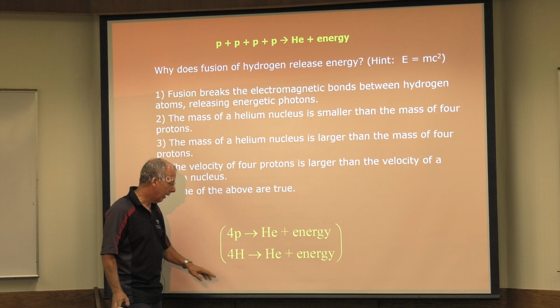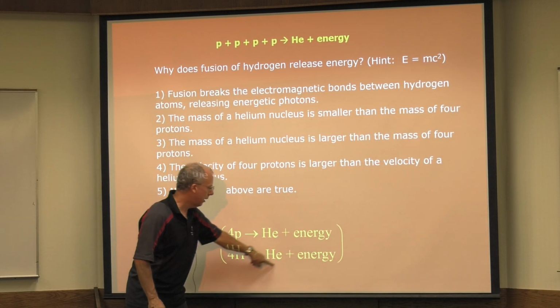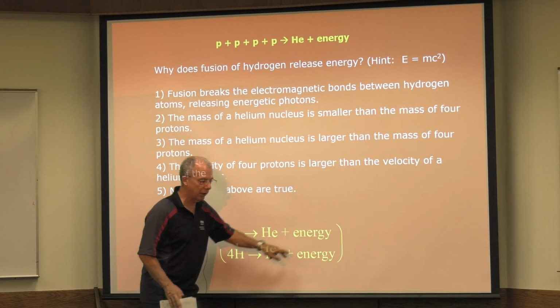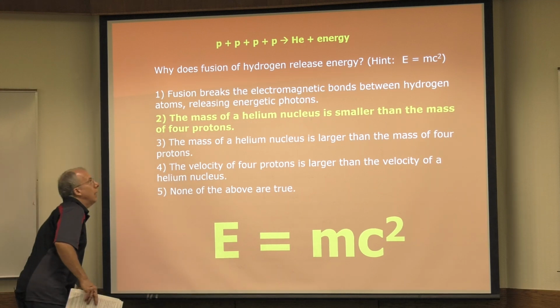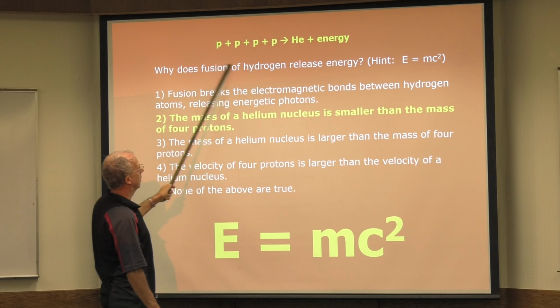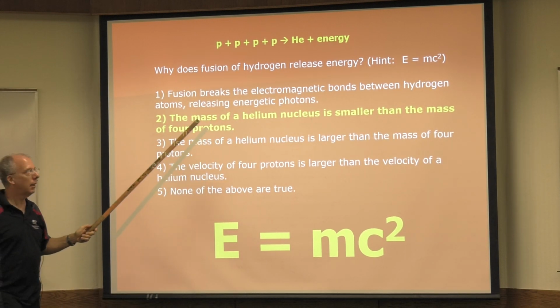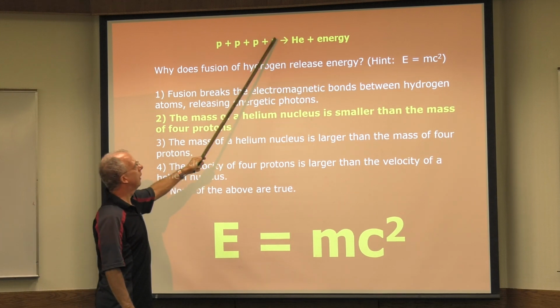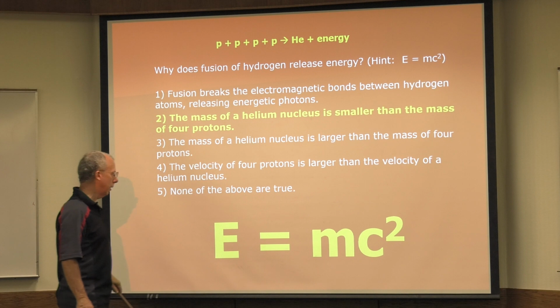So the mass of this has to be greater than the mass of that, because that missing mass has been converted into energy. So that's number 2: the mass of a helium nucleus is smaller than the mass of the 4 protons. This is a very important principle. You want to remember this: if you want to produce energy, this has to have more mass than that. Super incredibly important.